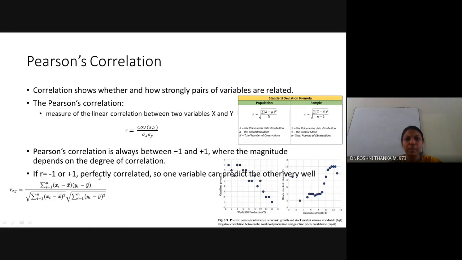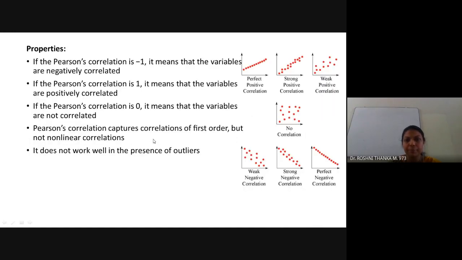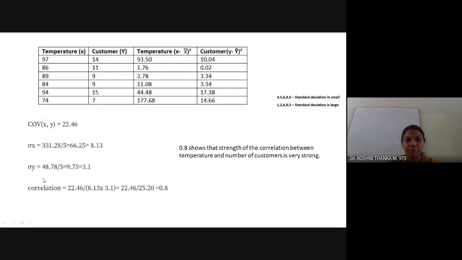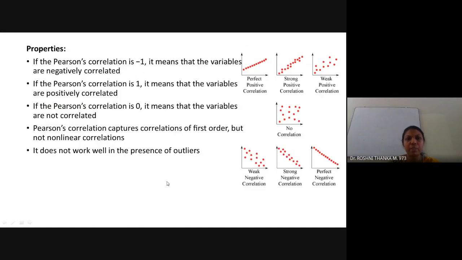Now if you apply the formula, first we find the covariance of x comma y, and then we find the standard deviation of x and y separately, which we already found. When you divide the covariance of these two variables, 22.46, by the product of these two values, you get 0.8. We already know from the conclusion that whenever the value is 1, you can say it is positively correlated.